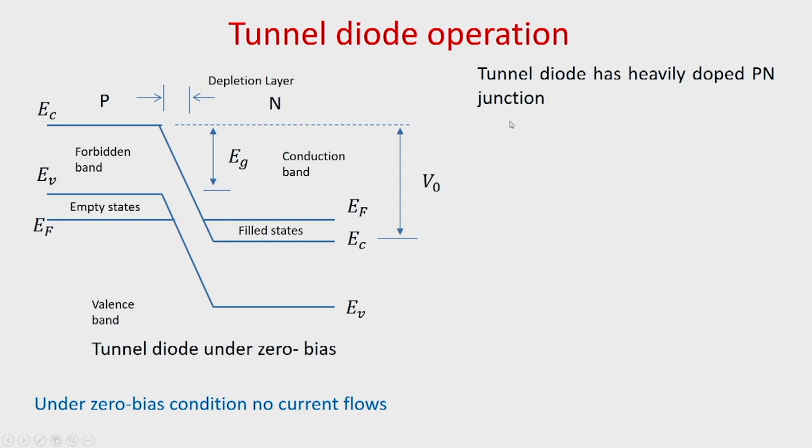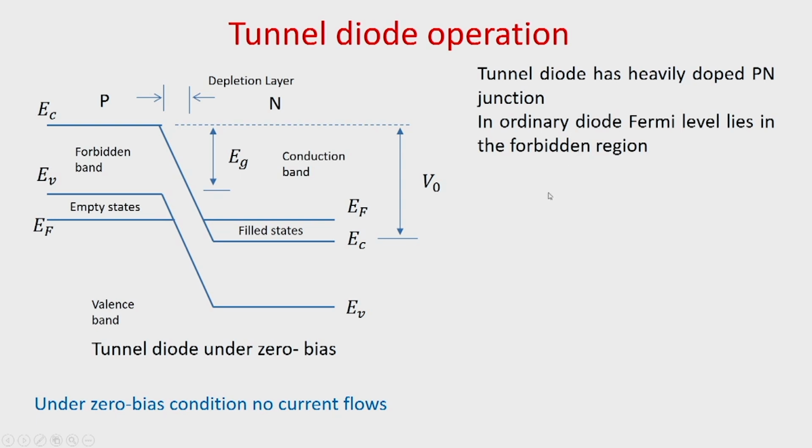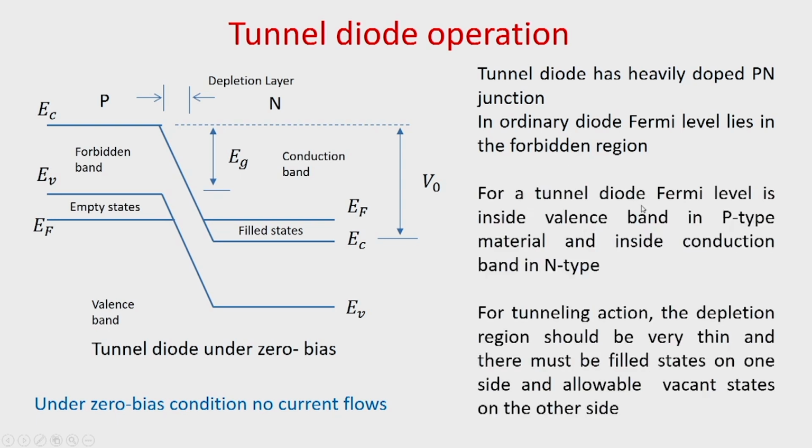So, we have already discussed that a tunnel diode has a heavily doped p-n junction. For a tunnel diode, the Fermi level is inside the valence band in p type and inside the conduction band in n type. Now, for tunneling action, the depletion region should be very thin. This is the depletion region.